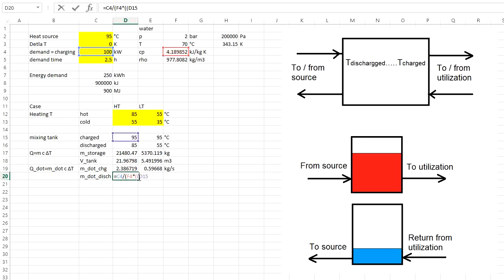So let's say like this, minus, and what is returning is the cold temperature from the heat utilization, eventually further lowered by also the temperature difference.